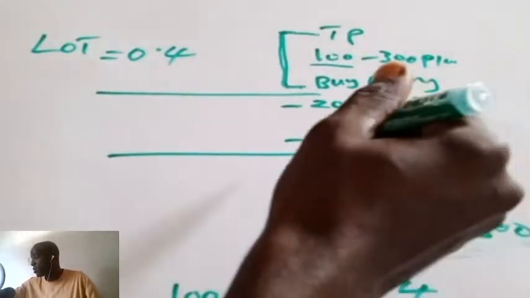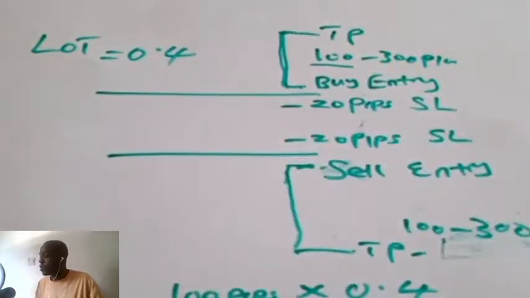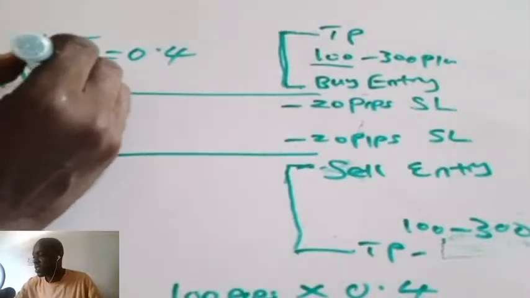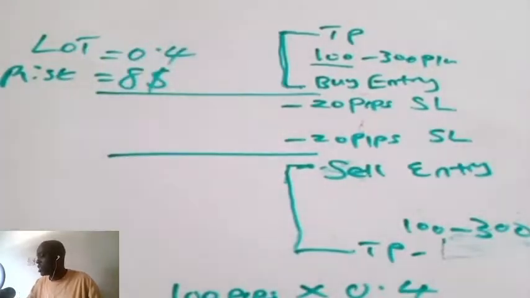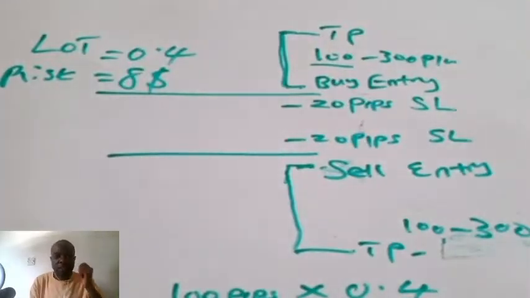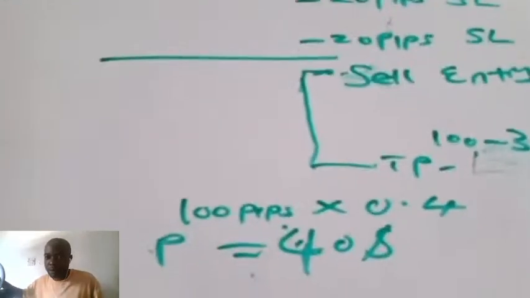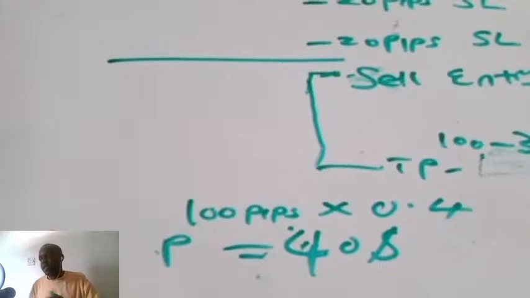That is, you risk $8 to get $40. So that's it.